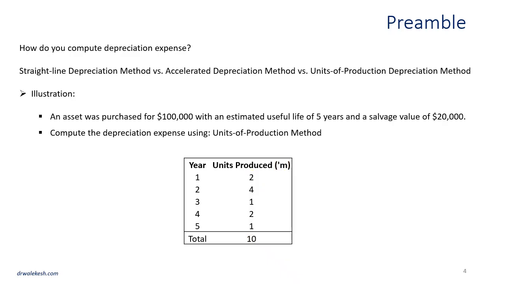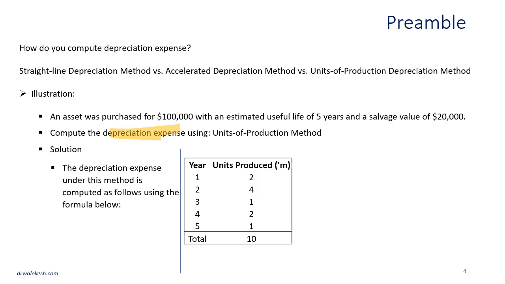So let's get started with computing depreciation expense. The first thing is, what formula do we use? The formula is similar to what we used under the straight line depreciation method, which is historical cost minus salvage value.